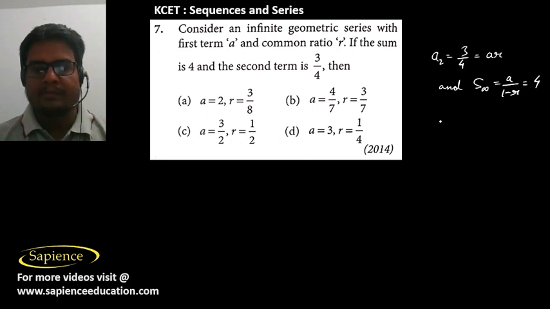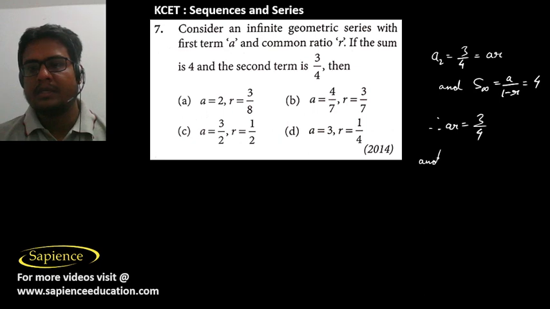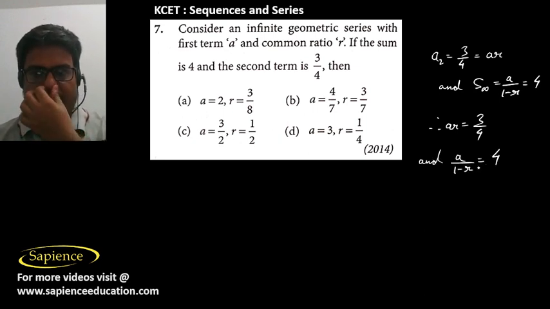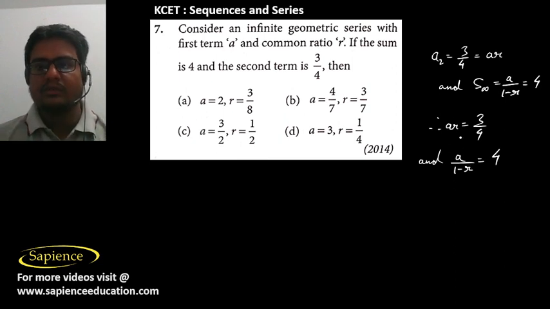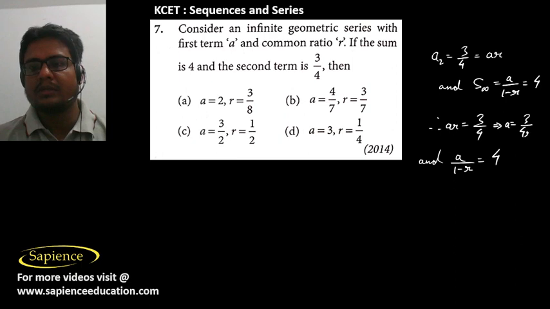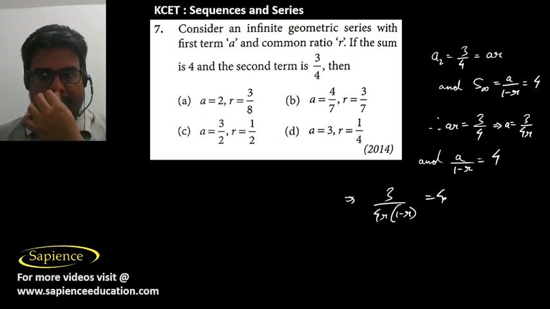So ar is 3 by 4 and a by 1 minus r is 4. If we take the ratio of these two, we can say that a is equal to 3 by 4r. So that will be 3 by 4r into 1 minus r, that is equal to 4.